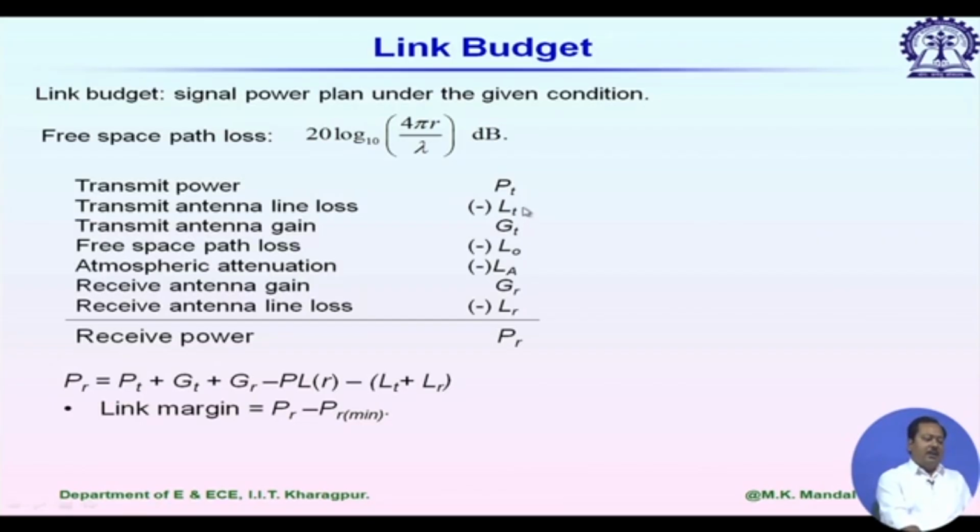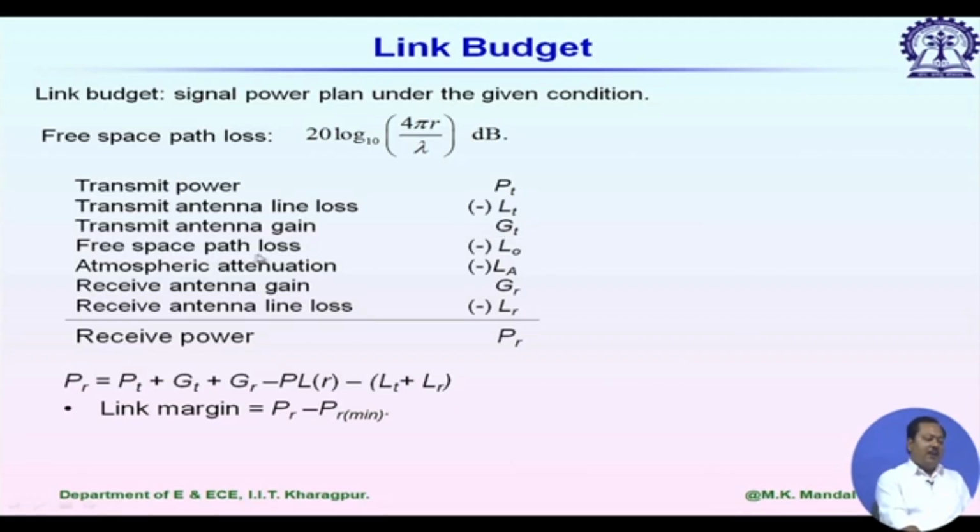Let us say that loss at the transmitting side is LT, and if the loss increases, then transmitted power will be less and received power will be less. Transmit antenna gain GT, the higher the gain, the more power it will direct to the receiver side. So, that is why its sign is positive.